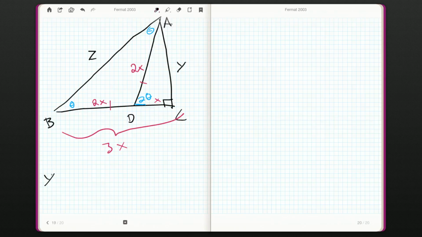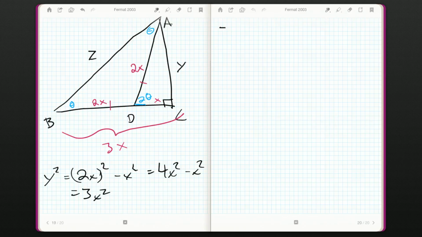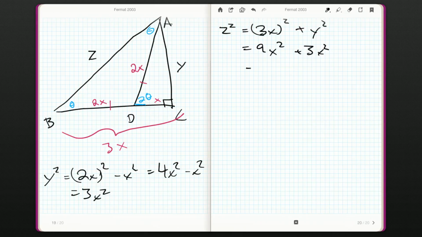Okay, so y squared is, just rearranging Pythagoras here, 2x squared minus x squared. And that's 4x squared minus x squared. Y squared is 3x squared. Z squared is 3x all squared plus y squared. And I know what y squared is. So 9x squared plus 3x squared should give 12x squared.